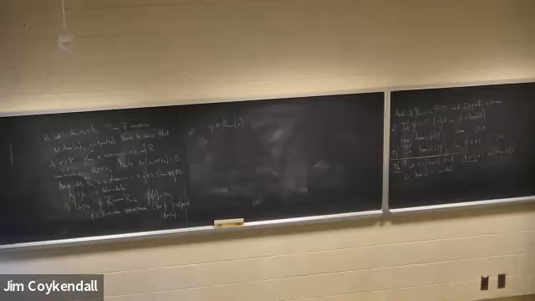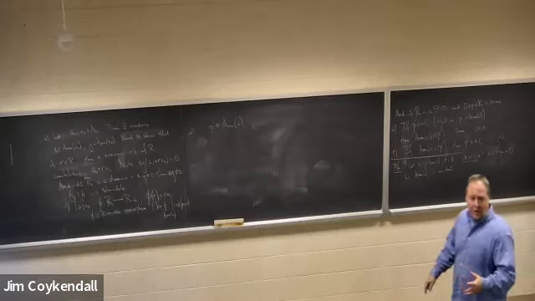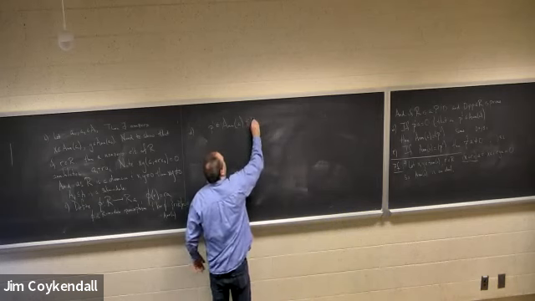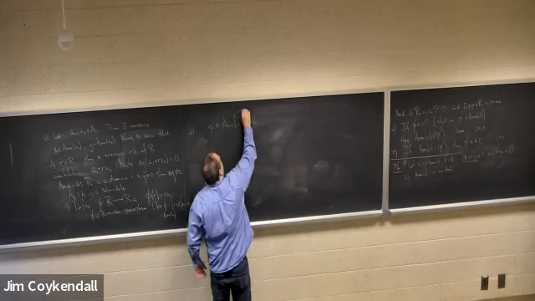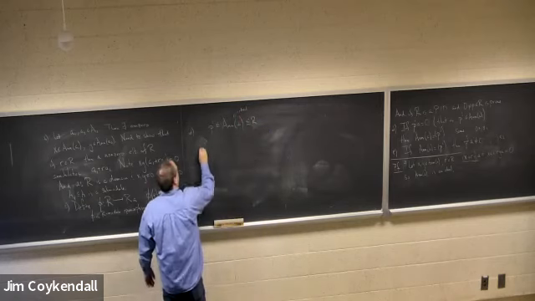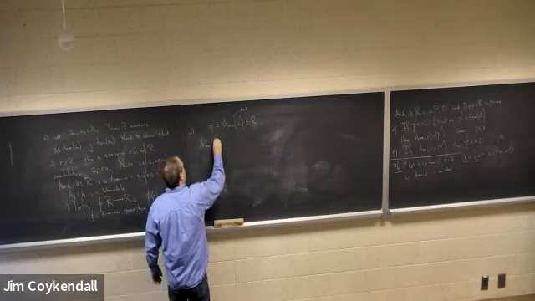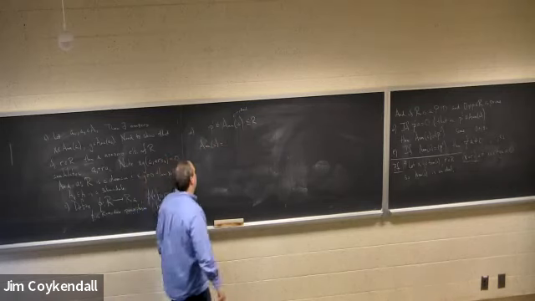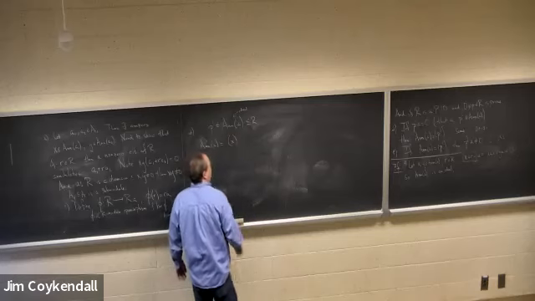Okay, so what is my blanket assumption here? p is a prime and R itself is a PID. And we already know from our previous work that this is an ideal. Right? This is an ideal. And since R is a PID, what can I conclude? It's generated by x.